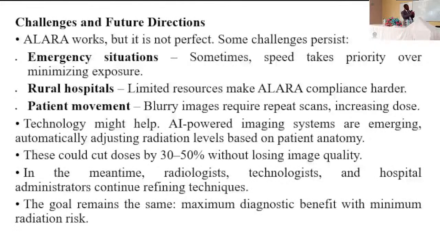The AI-powered imaging system studies the anatomy of the patient and can automatically adjust the radiation level given to that particular patient. So with this technology, about 30 to 50% reduction in radiation doses can be achieved.